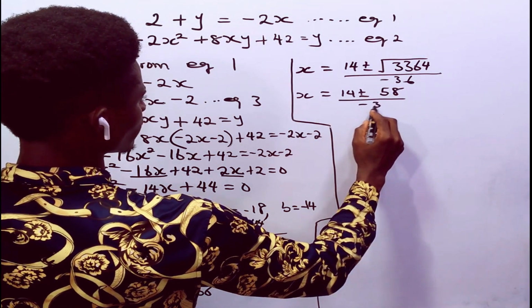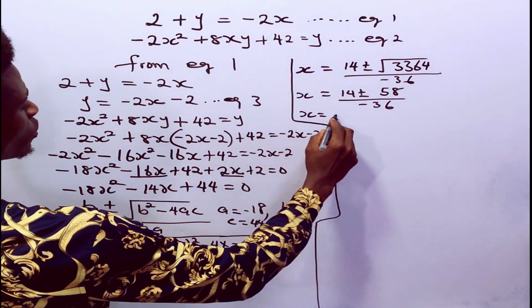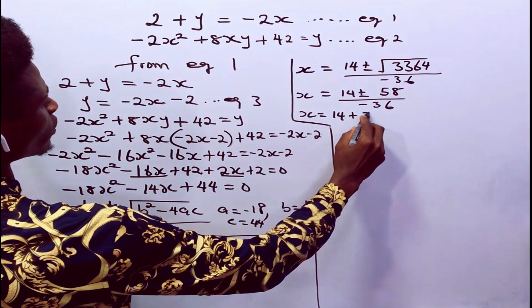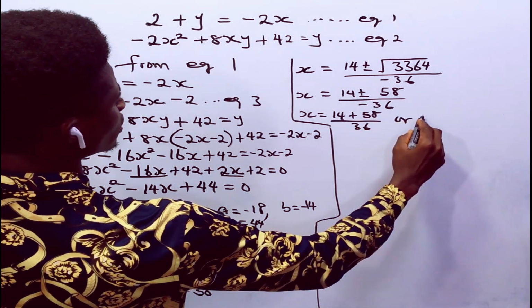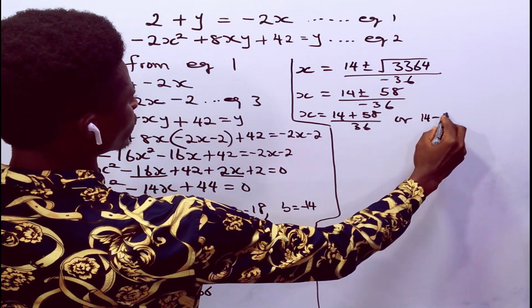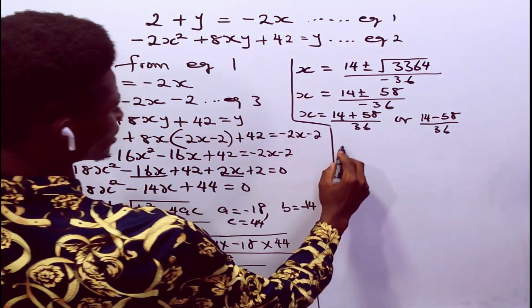Now let's place the values for x: 14 plus 58 over negative 36, or 14 minus 58 over negative 36.